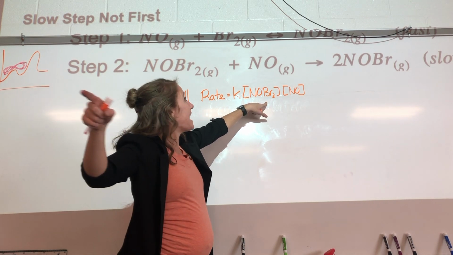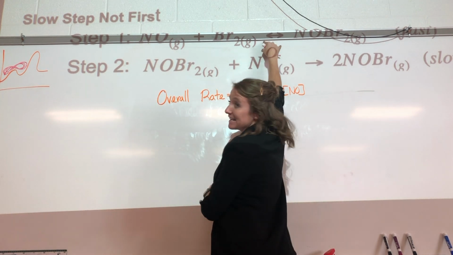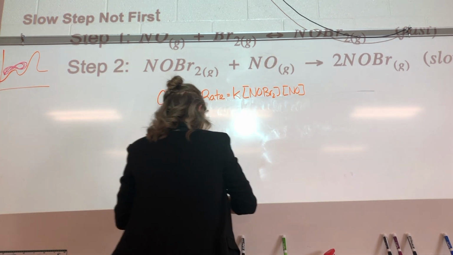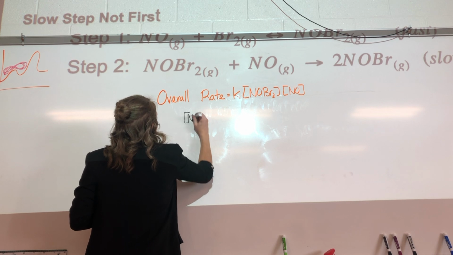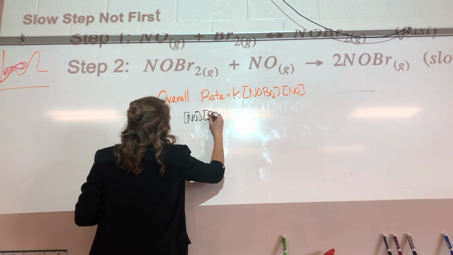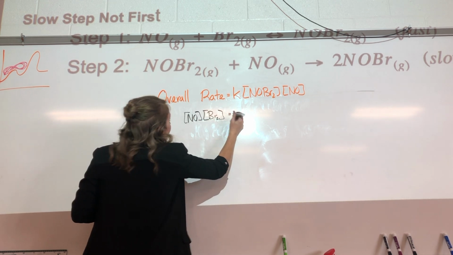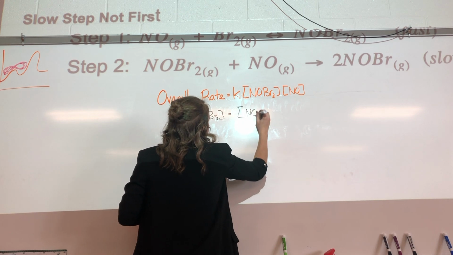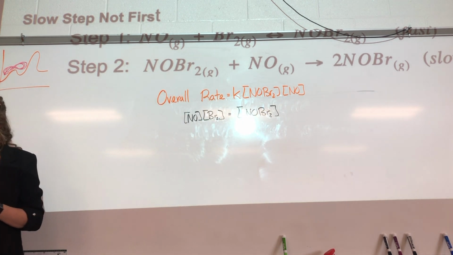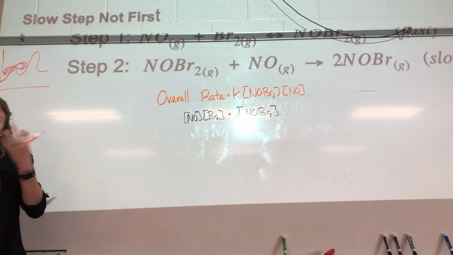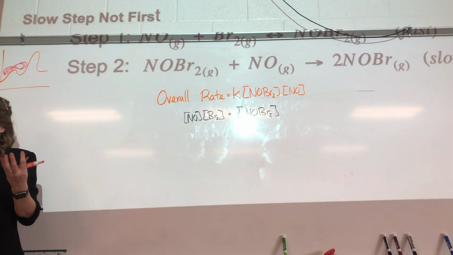Like Connor said, since this is at an equilibrium, what we can say is that the forward rate is equal to the reverse rate, because they're at the same rate.